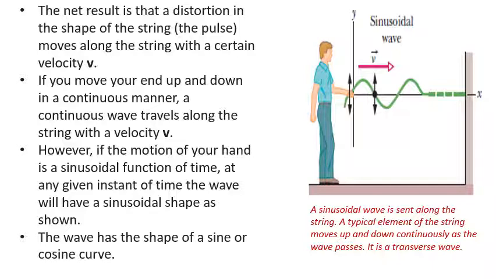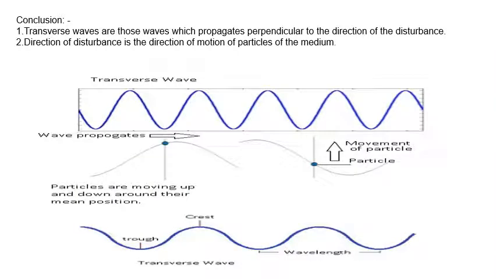The wave has the shape of a sine or cosine wave. Conclusion: transverse waves are those waves which propagate perpendicular to the direction of the disturbance, and the direction of disturbance is the direction of motion of particles of the medium.